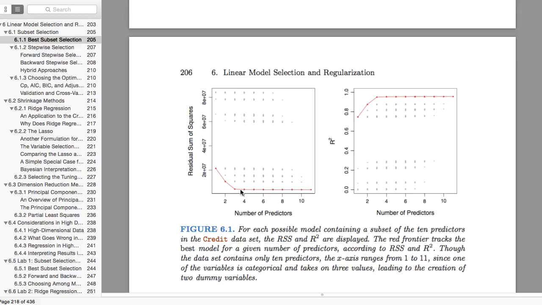Remember, RSS, the residual sum of squares, is the error we want to minimize, and R squared we would like to maximize. That's the proportion of variability that's explained by the model.